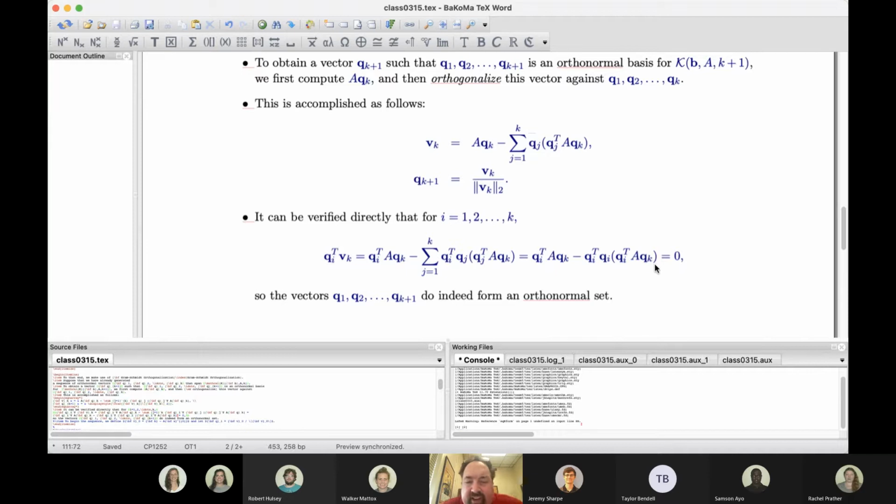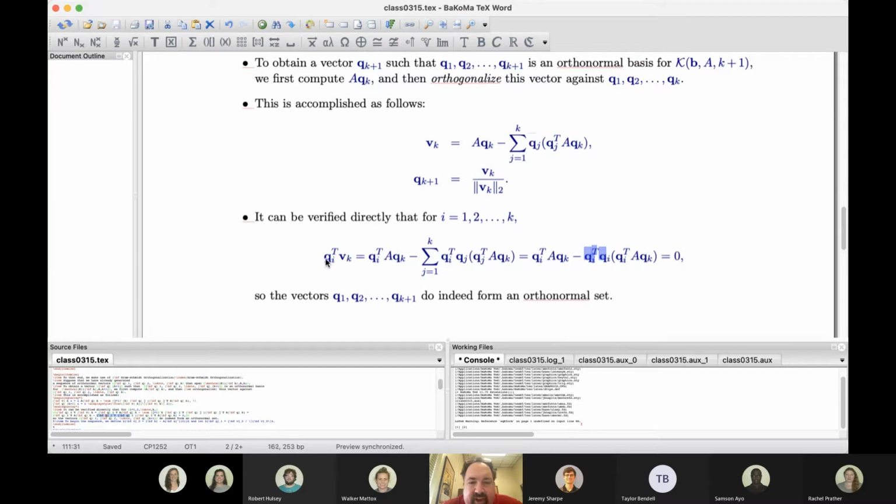That is from orthogonality of the q's. But the q's are not just orthogonal, they're orthonormal. So q_i transpose q_i, q_i is a unit vector, so this is 1. I get q_i transpose A q_k minus q_i transpose A q_k, and this whole thing goes away. It's 0.